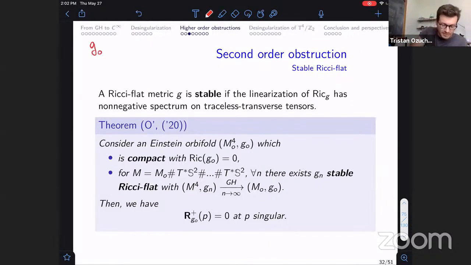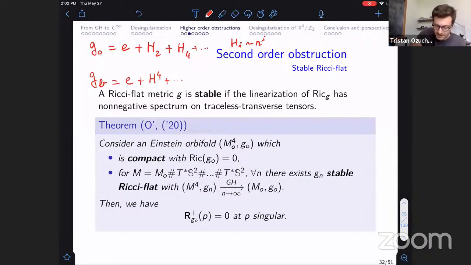There is the orbifold metric, which is essentially the Euclidean metric plus some quadratic term plus some term of order 4, with h_i like r to the minus i, where r is the distance to 0. And you want to glue to it the bubble metric, which looks like it a little, but has different terms, h4 plus etc. And here the h_j's are like r to the minus j.